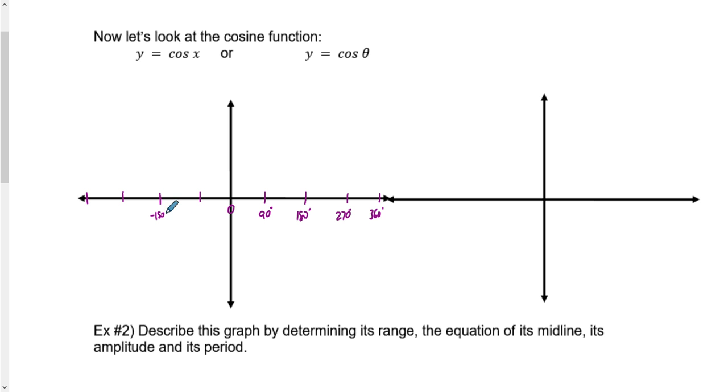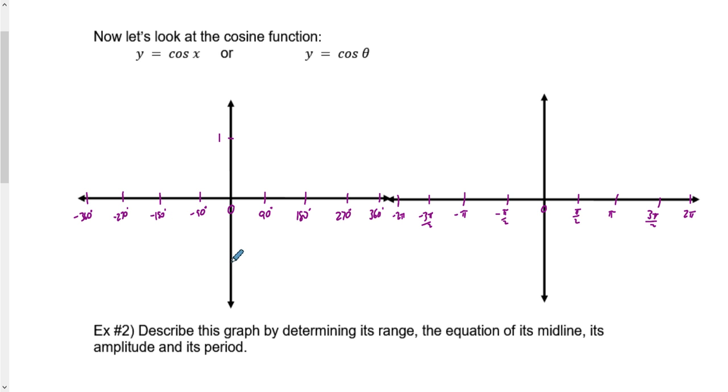That will be -180, -90, -270, -360, and might as well, while I'm here, go fill in this one too. Pi over 2, pi, 3 pi over 2, and 2 pi. Obviously, we have 0, negative pi over 2, negative pi, negative 3 pi over 2, and negative 2 pi.